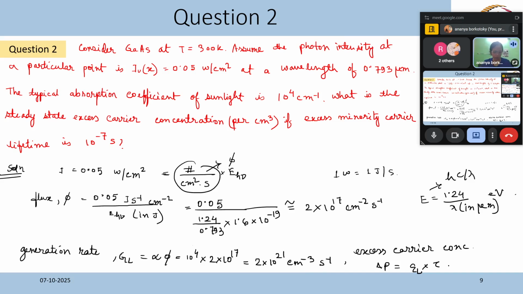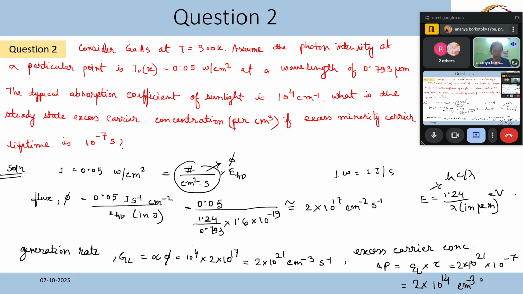So this will be 2 into 10 to the power 21 into tau, which is 10 to the power minus 7. So my final answer is 2 into 10 to the power 14 per centimeter cube. So this is my final answer, 2 into 10 to the power 14.